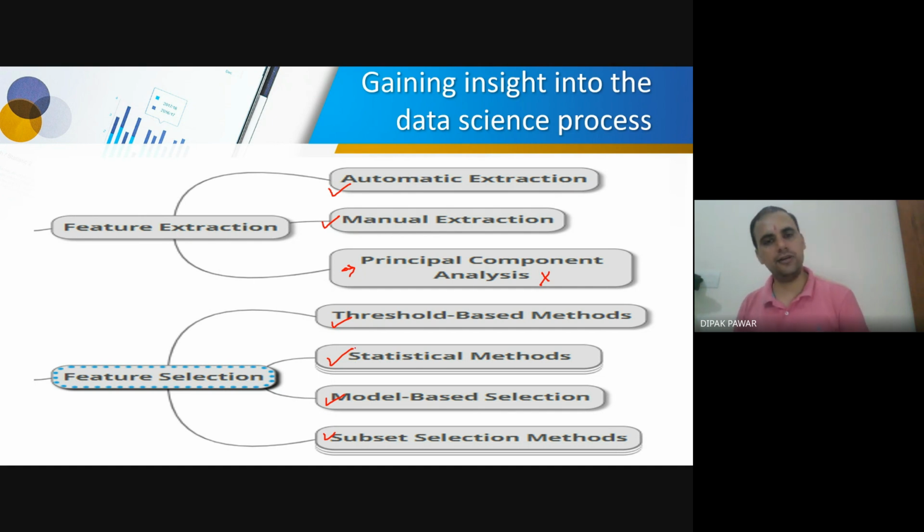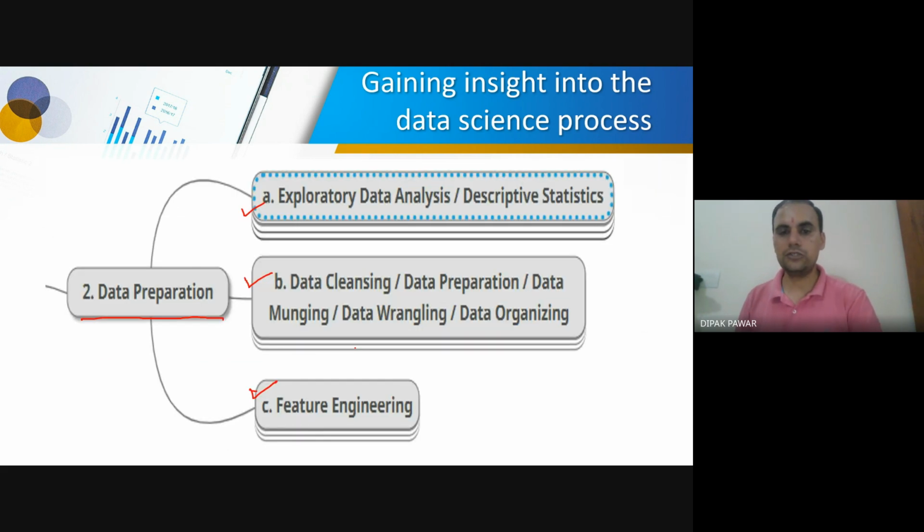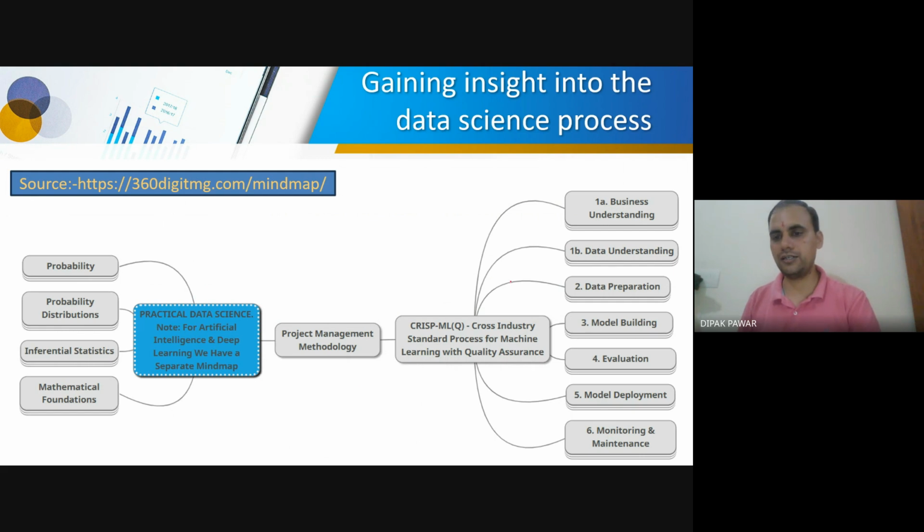Otherwise we have different methods by which we can do feature extraction. This stuff we covered in the last lecture, related to the second part, data preparation. Now we'll move towards the third part. We have seen part number 1A, 1B, business understanding and data understanding, and then we covered data preparation. I think up to this part, if someone asks you a question, you can easily write it down.